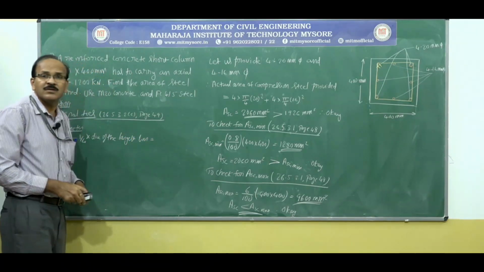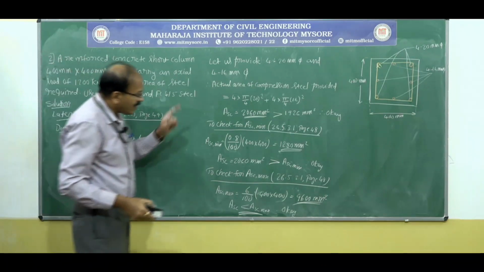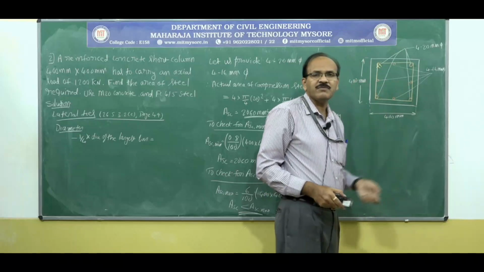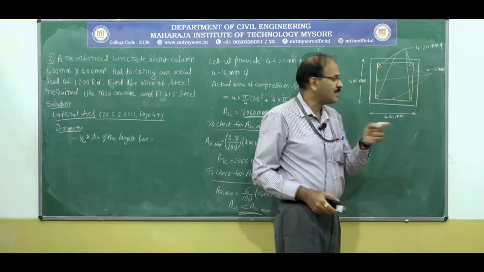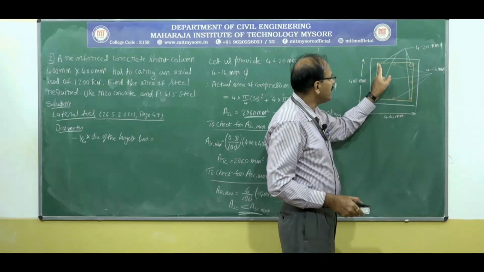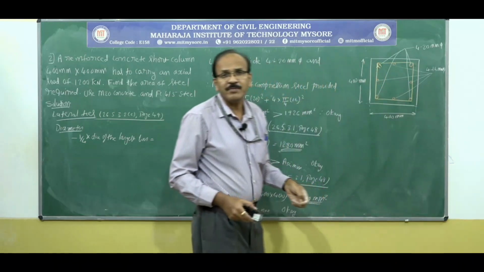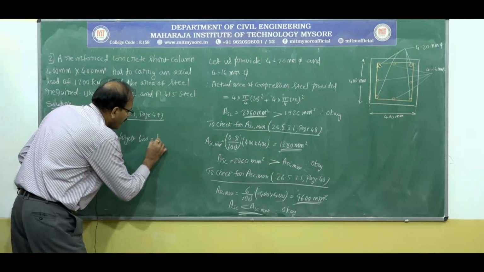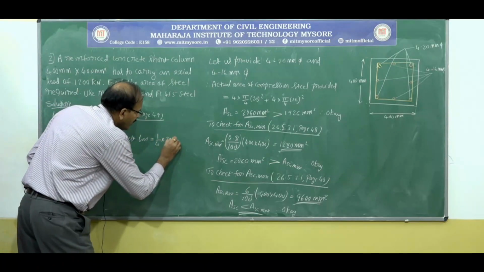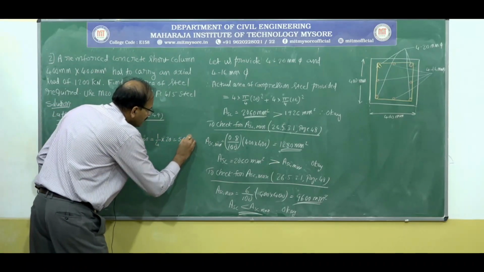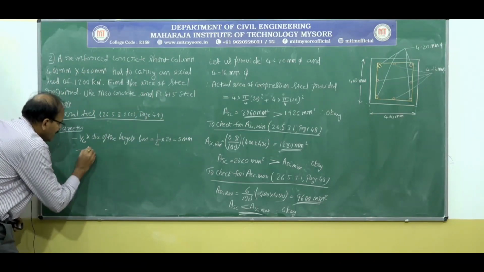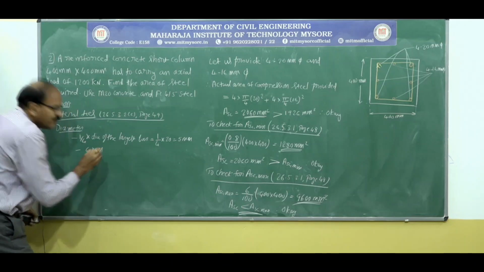What is the diameter of the largest bar here? We are using two types of bars, 4 of 16 millimeter and 4 of 20 millimeter. So the largest bar is 20 mm, and 1/4 of 20 is 5 millimeter. The other limit is 6 millimeter.